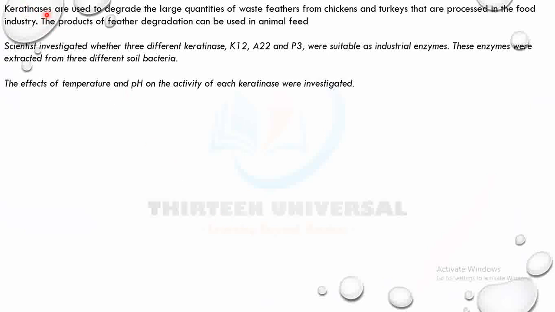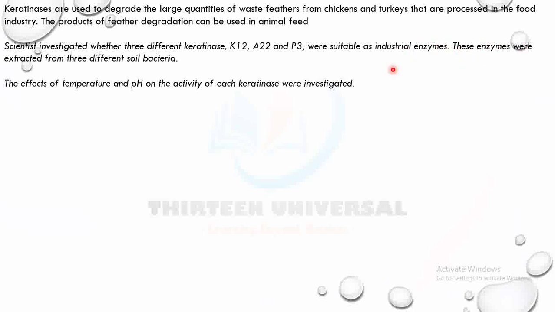Keratinases are used to degrade the large quantities of waste feathers from chickens and turkeys that are processed in the food industry. In the product, the feather degradation can be used in animal feed. Same investigation: some students investigated whether three different keratinases, K12, A22, P3, were suitable as industrial enzymes.